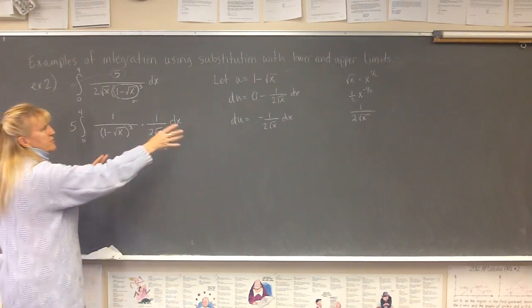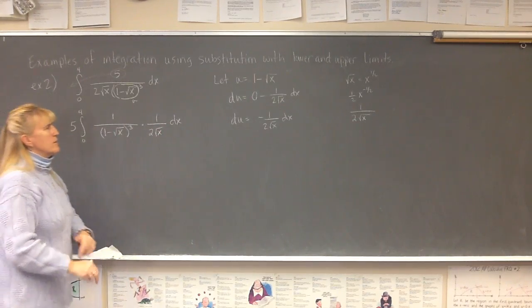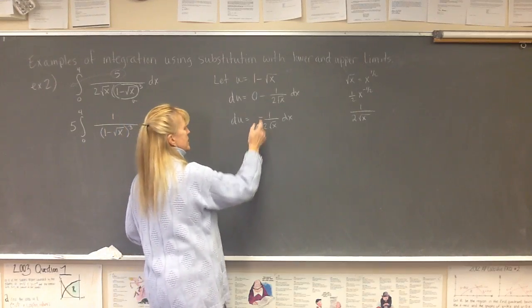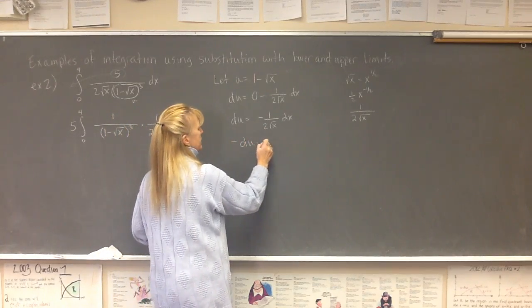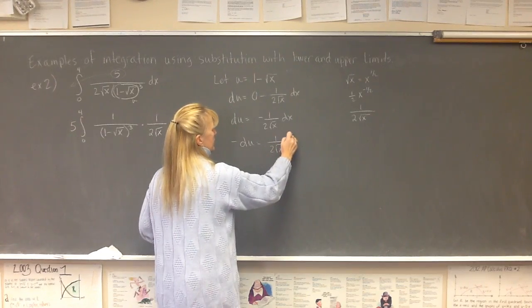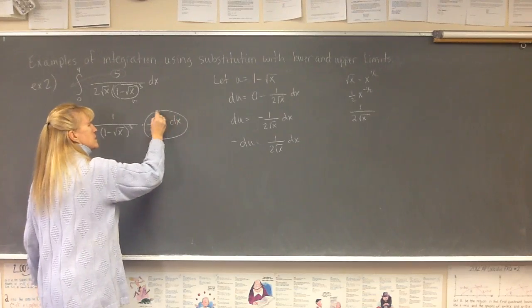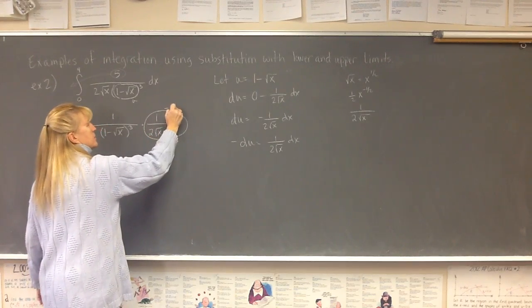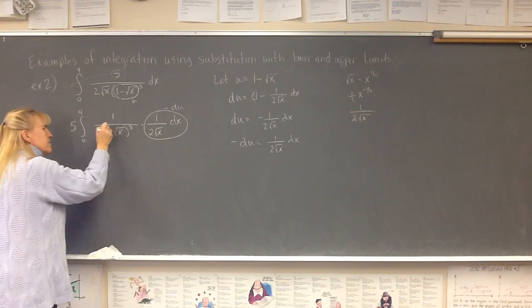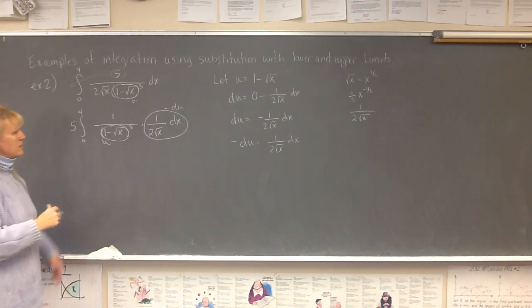It's going to be really nice to do a substitution of my u stuff now. All right, let's get rid of this negative sign right here and call this negative du equals 1 over 2 root x dx. That means all of this is my negative du. This is my u. I should be good to go.